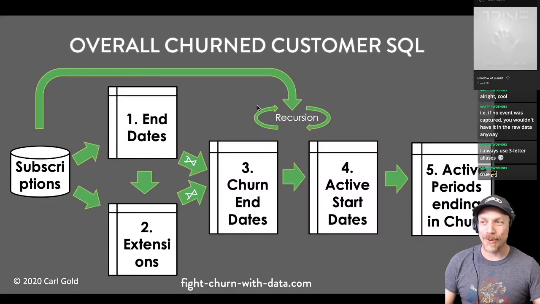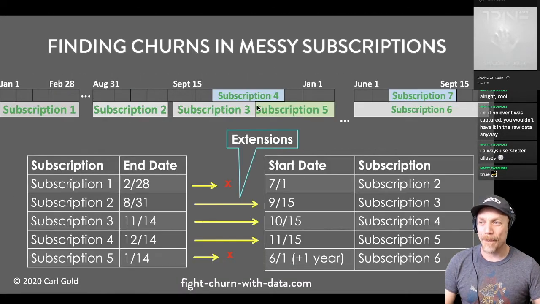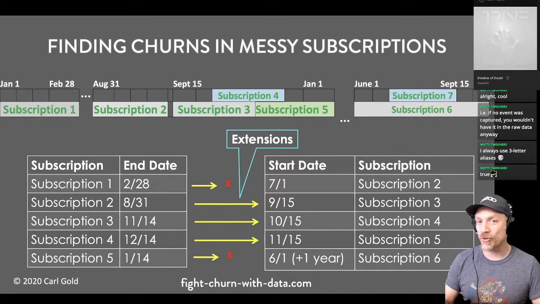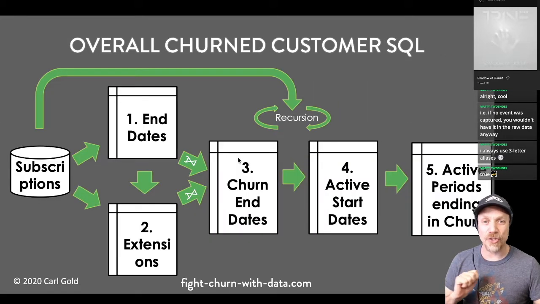So remember, going back here, we want to find the churns, which are the subscriptions with no extensions. So how do you find no extension? Well, you can't use an inner join. You could use an inner join to find extensions, right? By doing a little date logic. But to find the churns, you find subscriptions with no extension by outer joins.